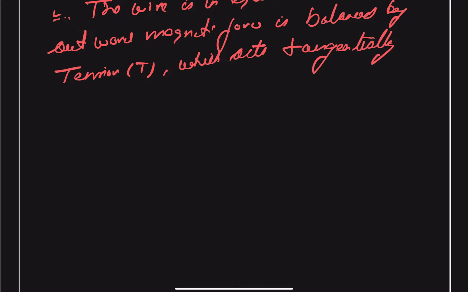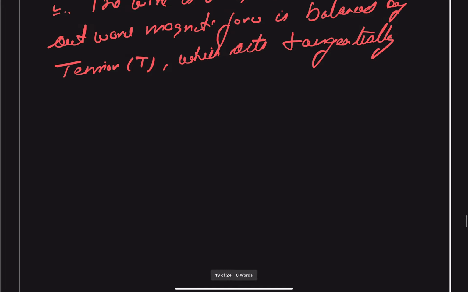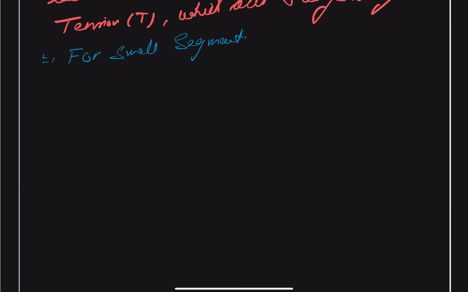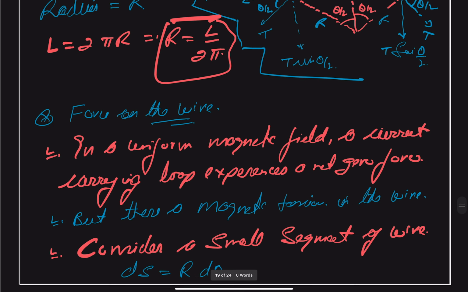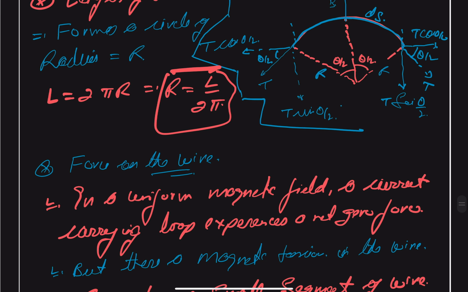So once again, for the small segment d theta, because there are two inward components from both sides, you can see that there is T sine of theta by 2, and another one is also T sine of theta by 2. So in the downward direction, there is a contribution of both these components.